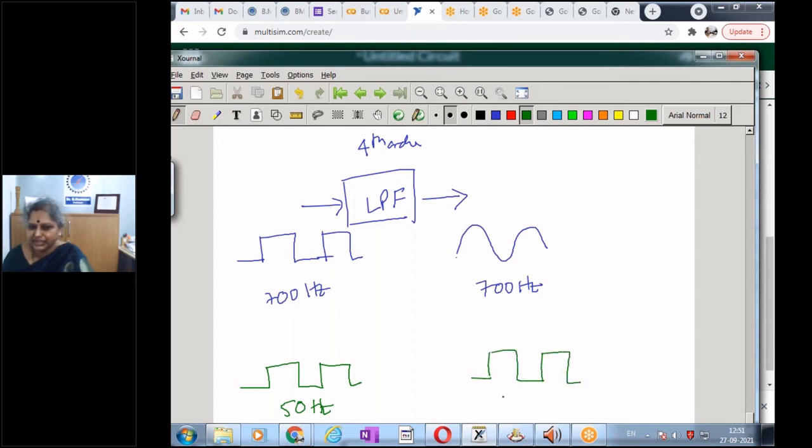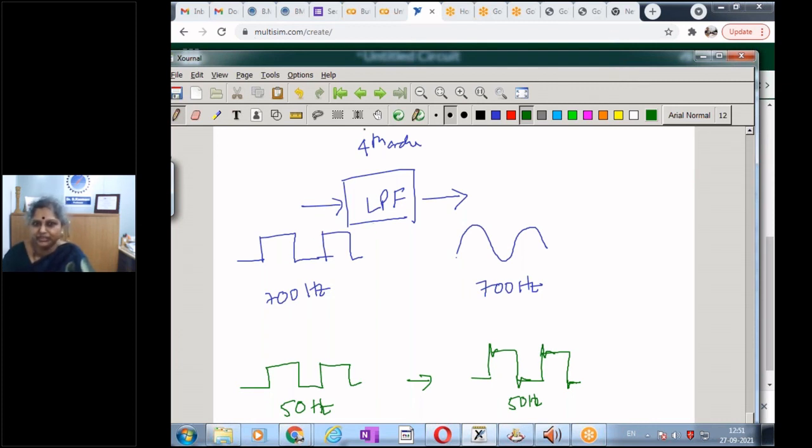Of course, there is a little rise and fall, but the output is also 50 hertz. So a square wave comes out as a square wave if I make my frequency around 50 hertz. But when I keep my frequency at 700 hertz, I give a square wave and I get a sine wave.